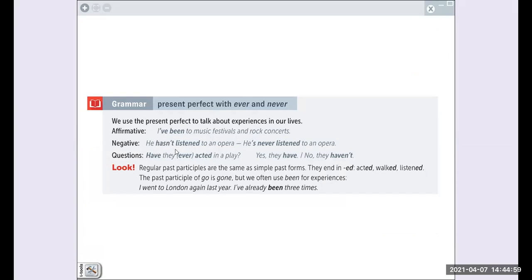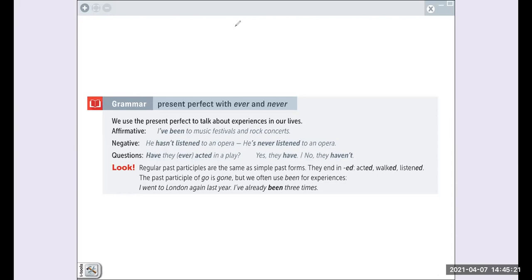He's never listened to an opera. Have they ever acted in a play? Como pueden ver, el ever es opcional. Ustedes pueden utilizarlo o no. Yes, they have, or no, they haven't.